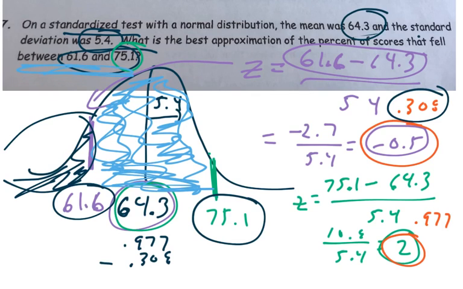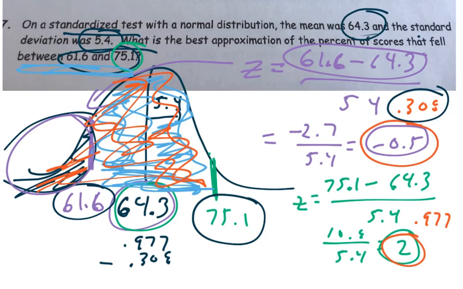Hopefully you agree that if I take everything in red and take away that piece at the end that I just circled in purple, I'm going to get what I have in the middle here, which is what I want, between 75.1 and 61.6. So let's see what we get. 977 minus 308 is 669.